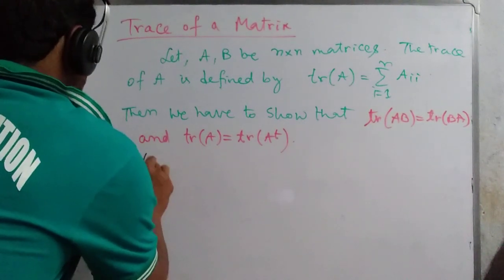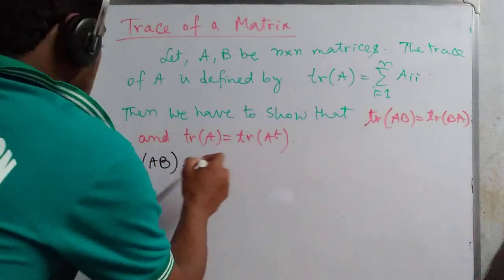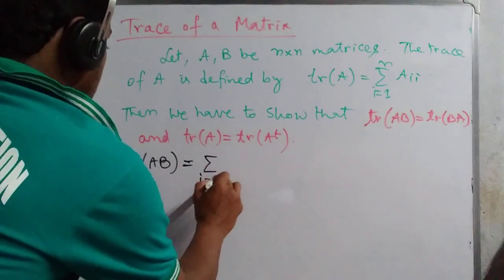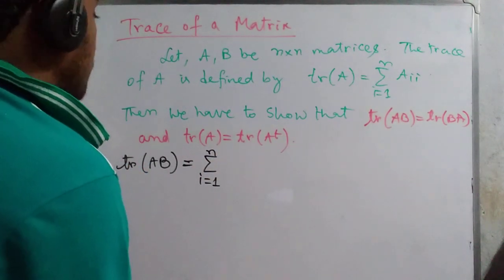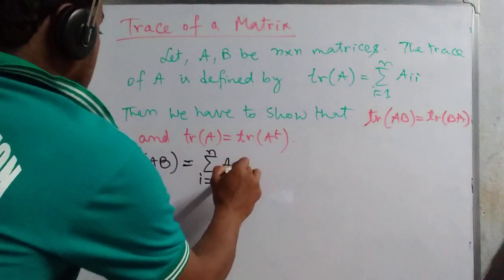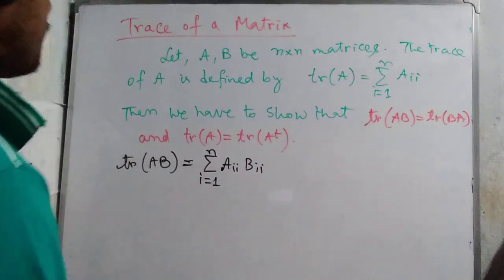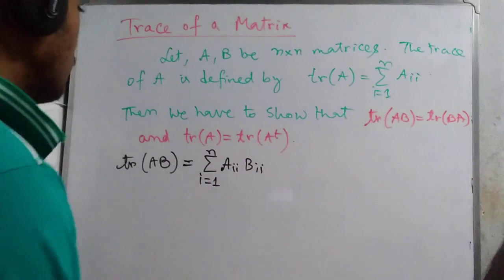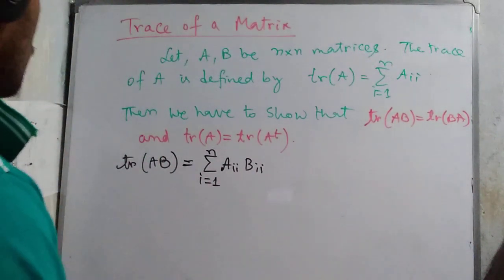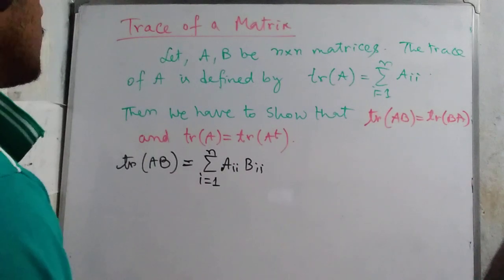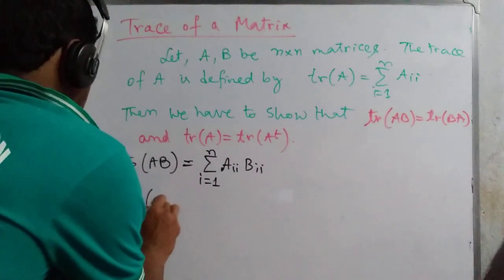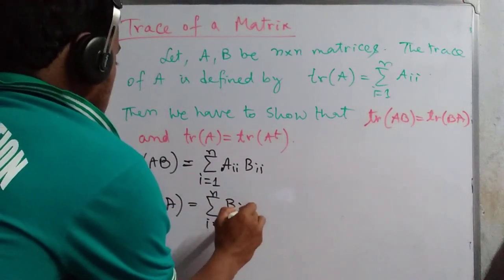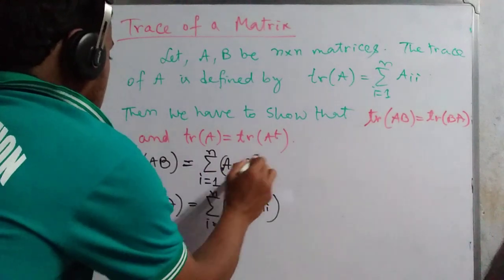Here we know that trace of AB equals summation i equal to 1 to n of a_ii and b_ii, and trace of BA equals summation i equal to 1 to n of b_ii a_ii.